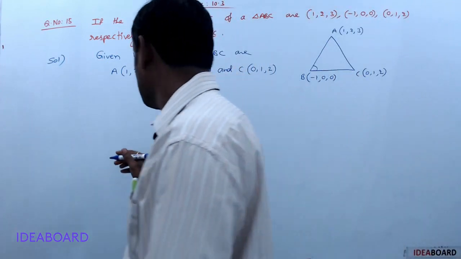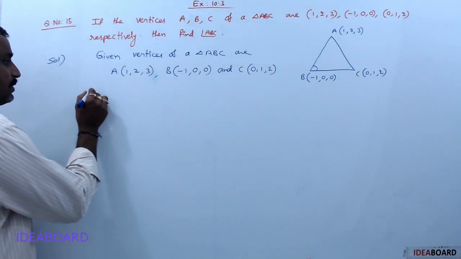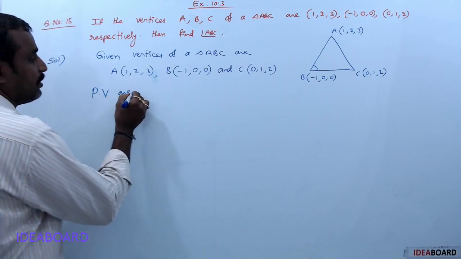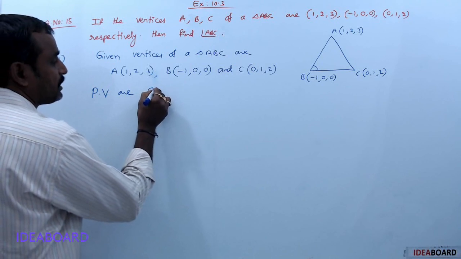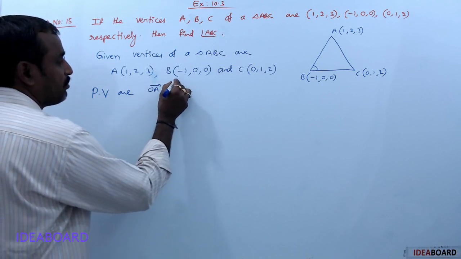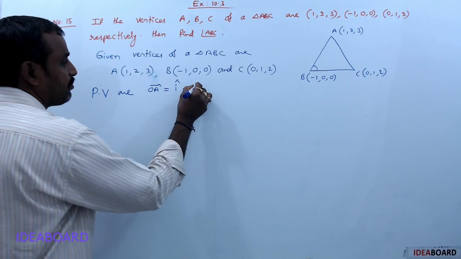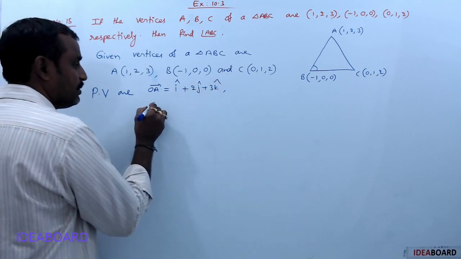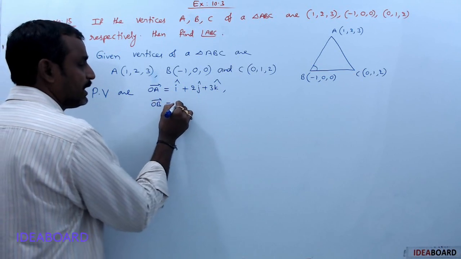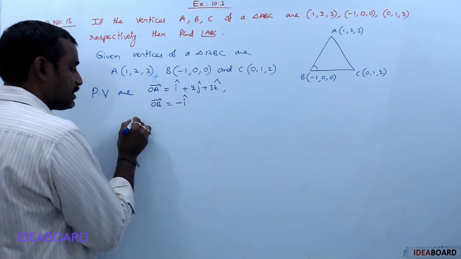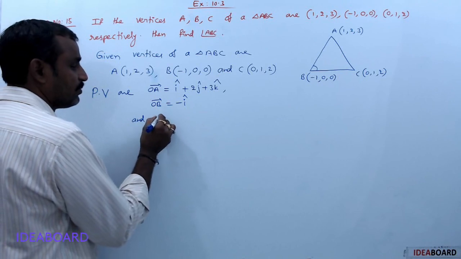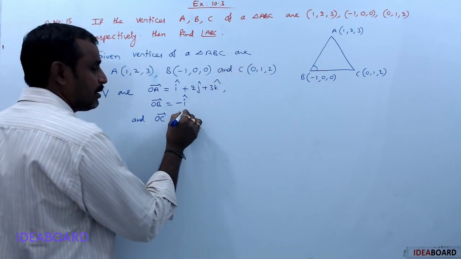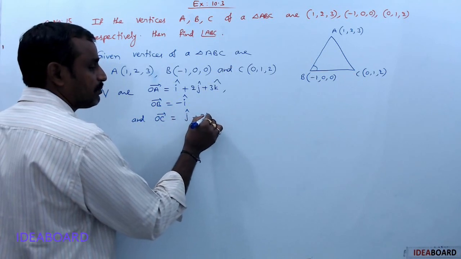So now the position vectors are OA bar equals i cap plus 2j cap plus 3k cap, OB bar equals minus i cap, and OC bar equals, here the x coordinate becomes 0, so j cap plus 2k cap.